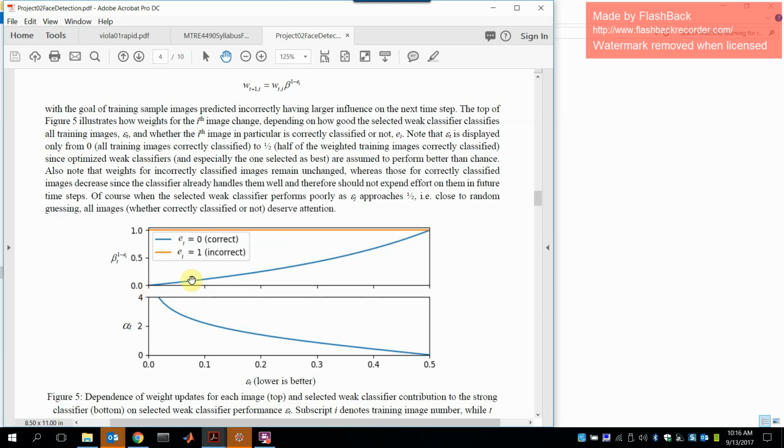Okay? The other almost extreme is when the error is 0.5. That's 50% classification. But now remember, this epsilon is a weighted average. So it's not really half of them are right and half of them are wrong. It's the weighted average. So it actually is possible to have an error higher than 0.5 even for a weak classifier.